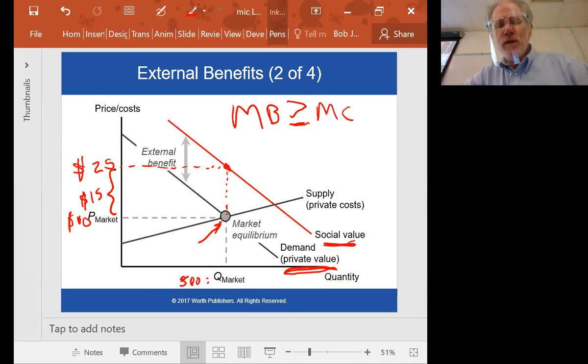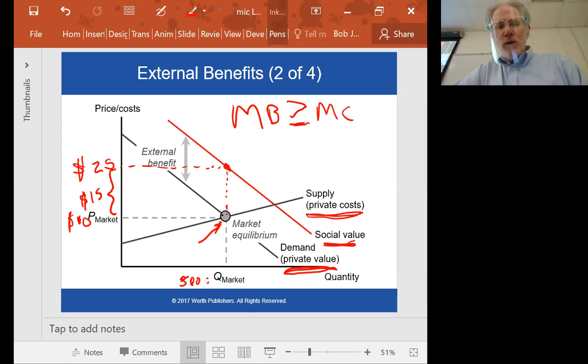And what's the cost of that 500th person getting the shot? Where do we see the cost? Which curve? Supply curve? Cost is always going to be from the supply curve.